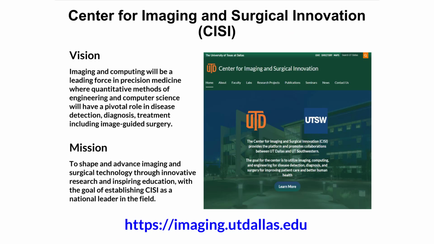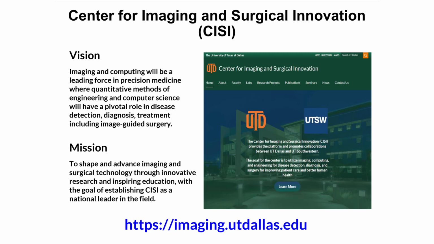So with the support from the university and our faculty, I was able to establish the Center for Imaging and Surgical Innovation at UT Dallas and UT Southwestern. The center is to provide a platform to promote collaboration between UTD and UT Southwestern.